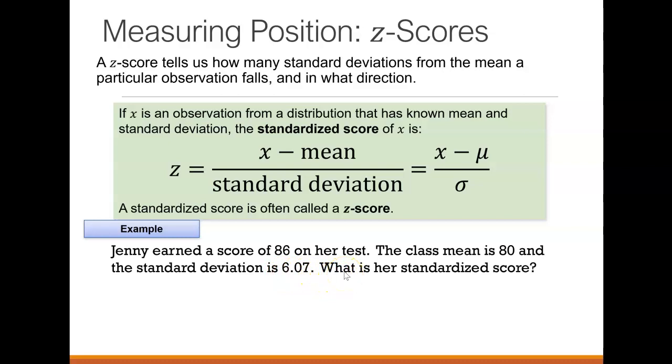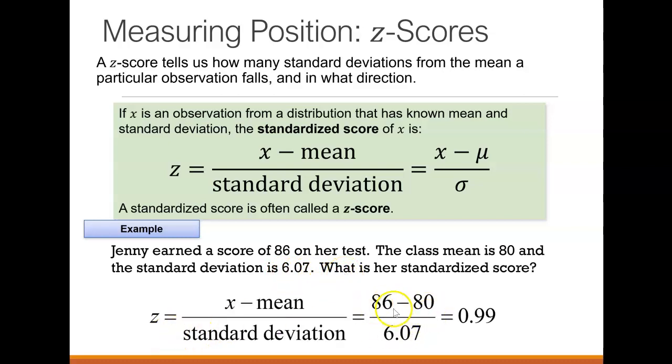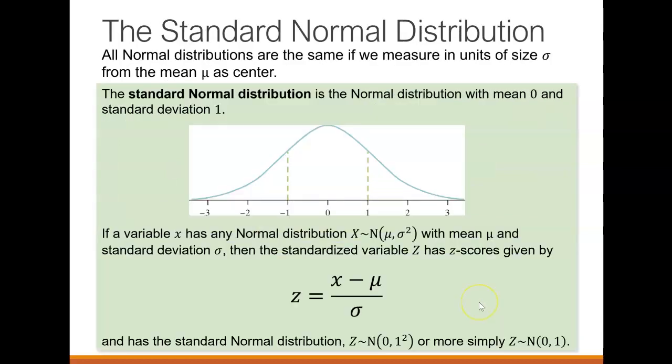We ask what is her z-score. We do 86 minus 80 divided by 6.07, so it's basically 0.99.